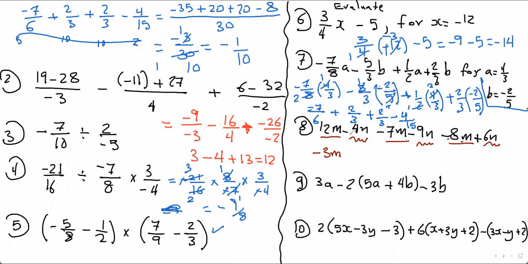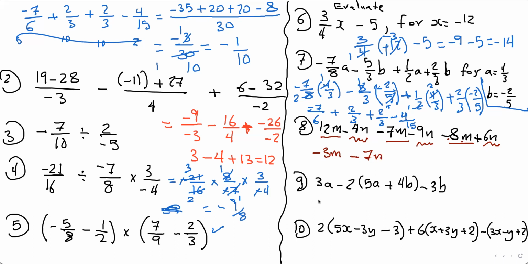Now I go to the n's. -4n minus 9n gives me -13n. -13n plus 6n gives me -7n. Hold on a second, I said -4m, that's -13. Sorry, that's a -7n, my apology, because -4 minus 9 is -13, and -13 plus 6 is -7n.